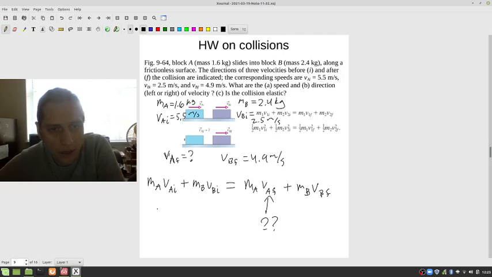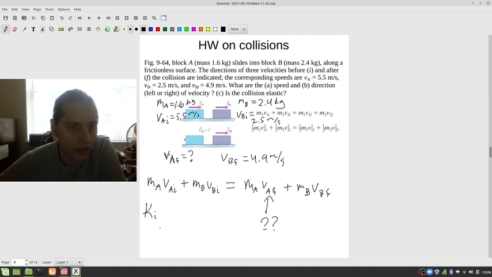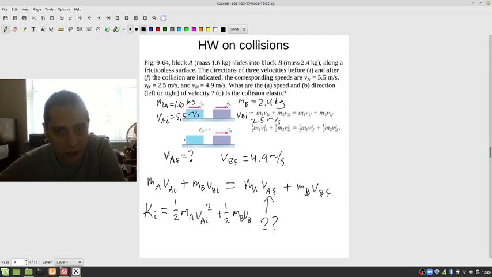Even if you know all of these things, you don't automatically know that. What you have to do is calculate your initial kinetic energy: 1/2 mA vA initial squared plus 1/2 mB vB initial squared. That's the kinetic energy of the first block plus the kinetic energy of the second block.